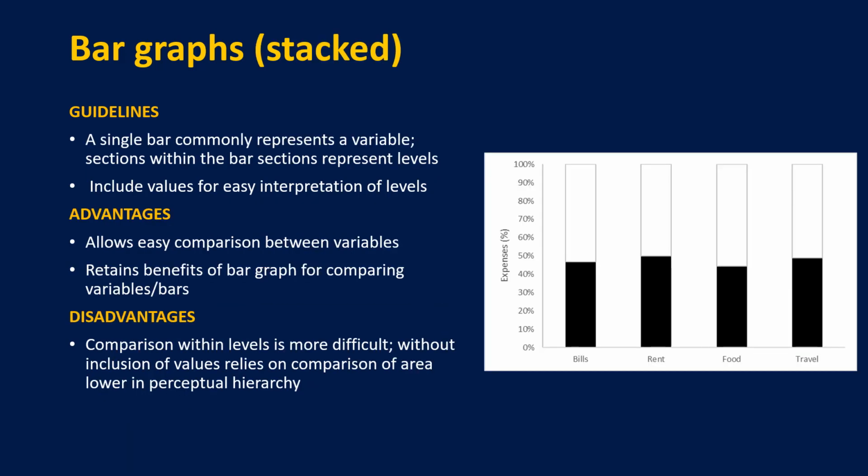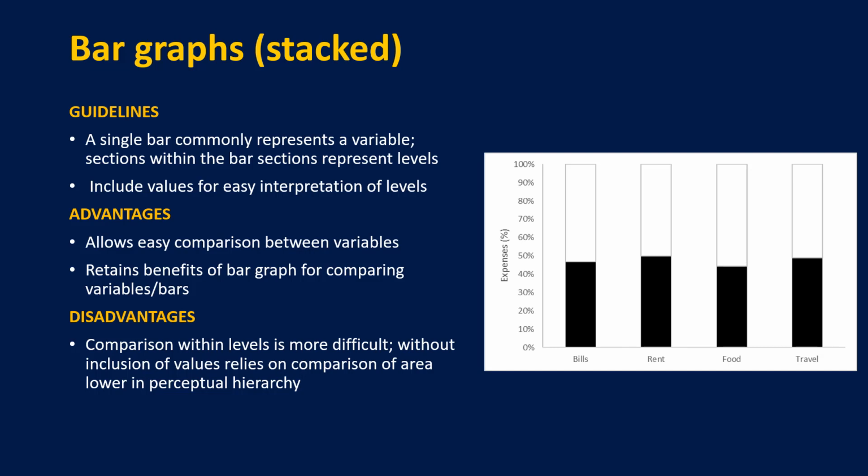What about using bar graphs which are stacked? You often see these used a lot in financial reports, not so much in scientific reports. So in this situation, you'd have a single bar like we've got here, which is some information to do with household expenses. A single bar is commonly a single variable, and then the levels are within the bar.